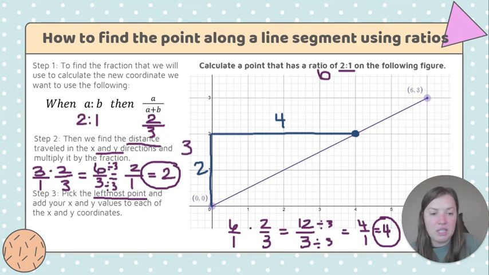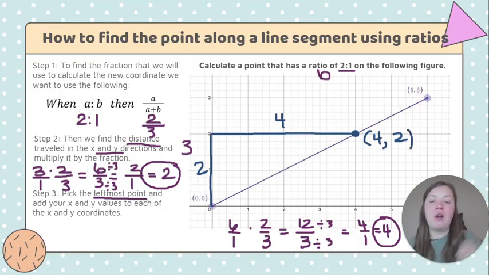And this is going to get you the location of your point when you have partitioned this line segment in a 2-to-1 ratio. Now, the location of this point, I'm going to go down and find where does it cross my x-axis. It crosses at 4. And where does it cross my y-axis? It crosses at 2. Now, in this example, our line segment starts at 0, 0.